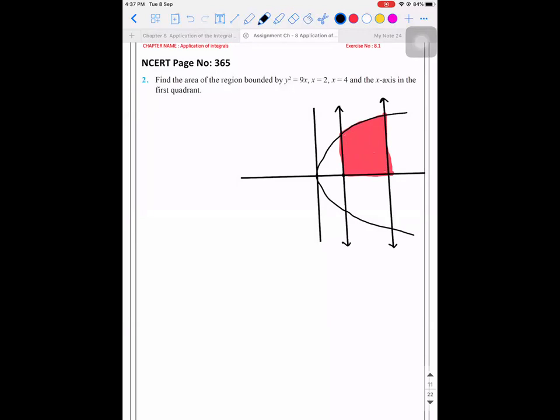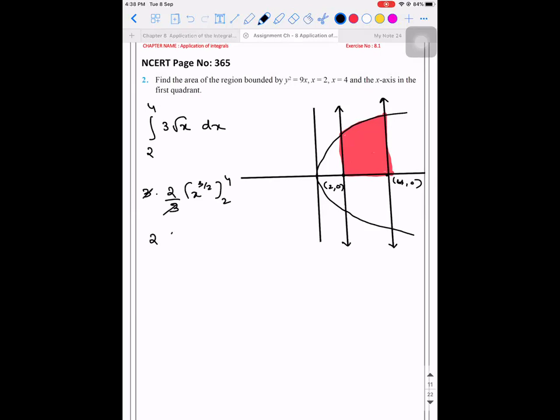So the limits: this is 2 comma 0, and this is 4 comma 0. So the integral from 2 to 4 of 3 root x dx. So 3 into 2 by 3 into x power 3 by 2 from 2 to 4.